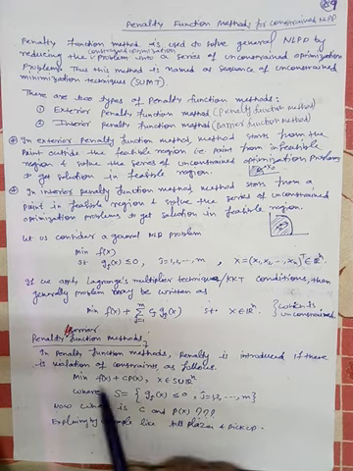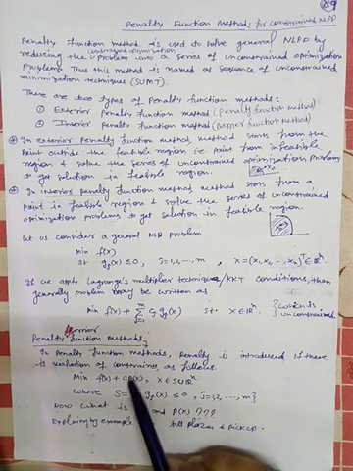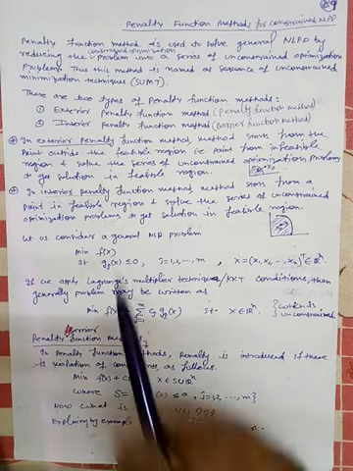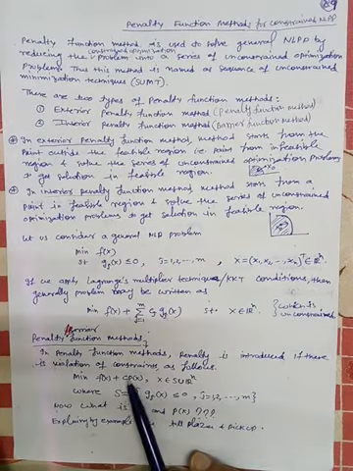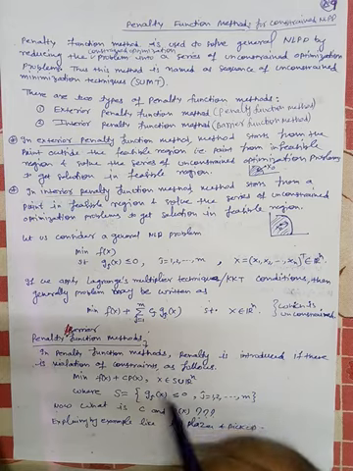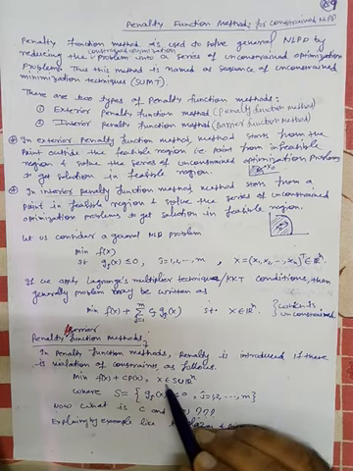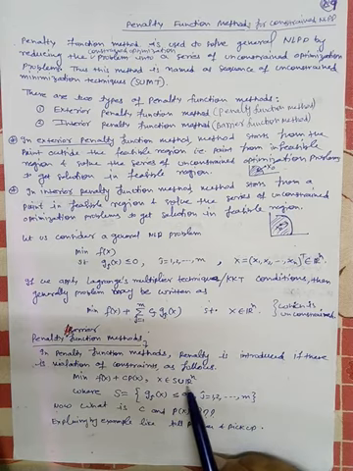Here we will minimize f of x plus c p of x, where p of x is the penalty function and c is a constant, a variable constant. And remember, x is any point from the set S, a subset of Rn.